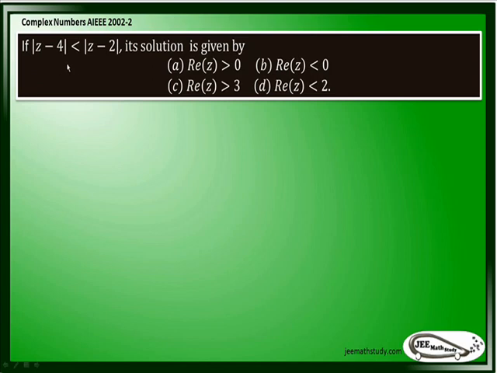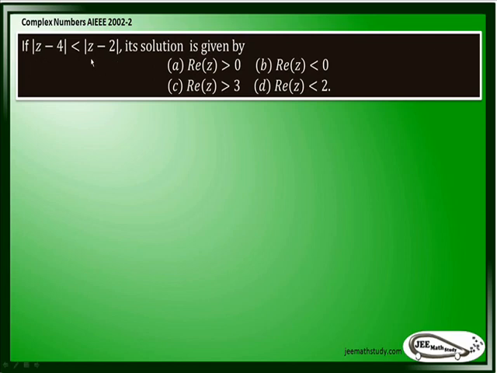Problem statement tells us that there is a complex number z. From z, two more complex numbers are derived, that is z minus 4 and z minus 2. They have taken the modulus of each of them, and they are saying that modulus of z minus 4 is less than modulus of z minus 2.